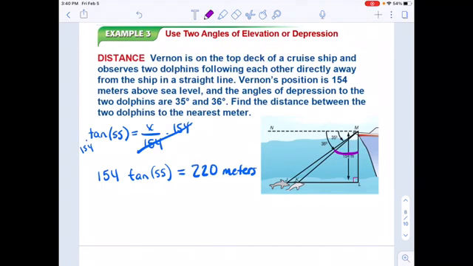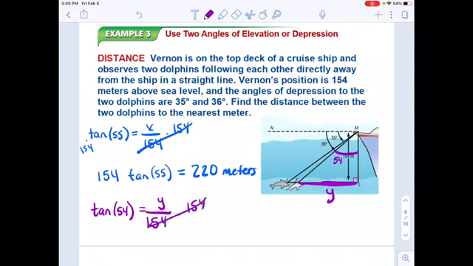We need to find this degree, so that would be 54. And then we are trying to find this distance between K and L. I'm going to call that Y. So now we have tangent of 54 is equal to Y over also 154 meters.